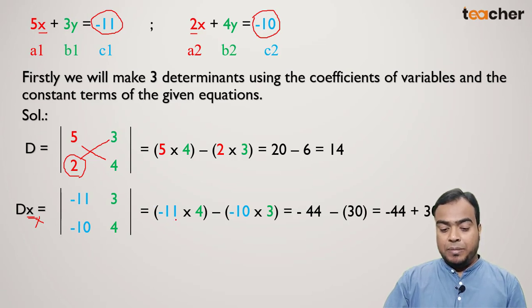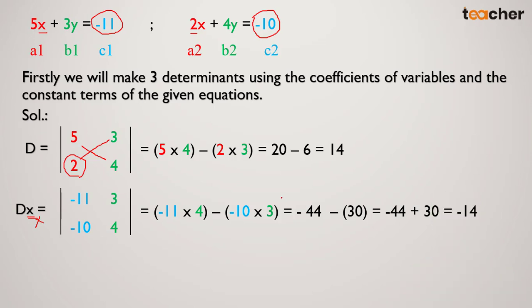So minus 11 into 4 is minus 44, and minus 10 into 3 is minus 30, so minus 44 plus 30 is minus 14.